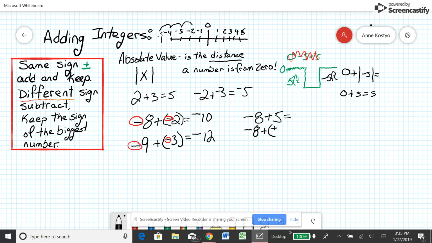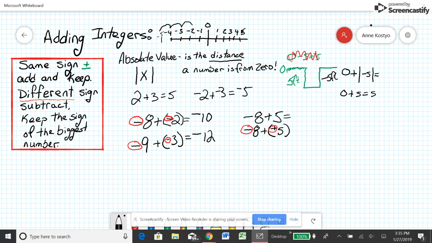Well, if it doesn't have one, it is positive. All right, now we can see that we have a -8 and a +5.